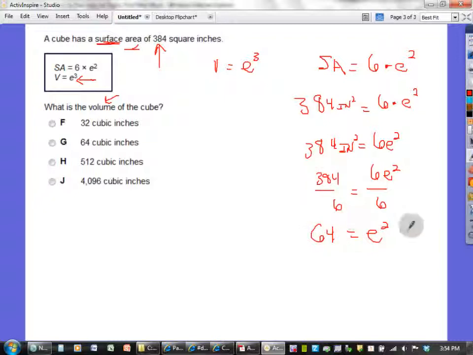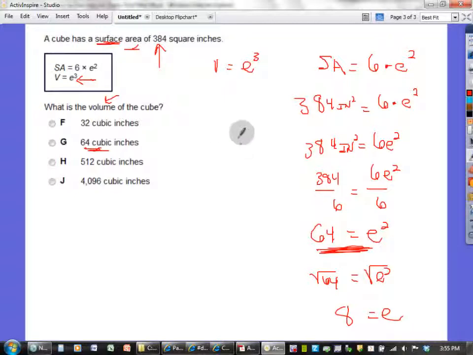64 equals edge squared. What we need is one edge, and if you remember just from a few minutes ago, to get the E squared by itself, just as a while ago we had S squared, all we have to do is take the square root of both sides to find out that one edge is 8. Now the question is, what's the volume of the cube? Now notice here's 64, and when students work it, here's 64.